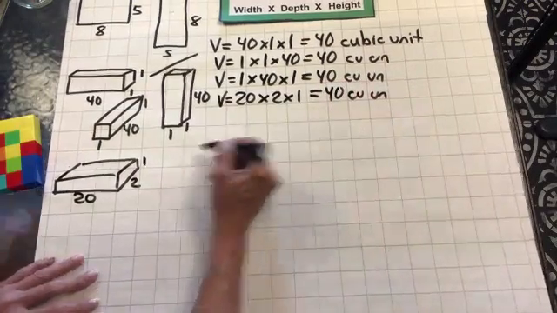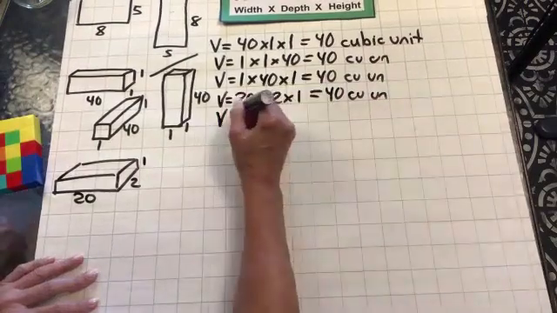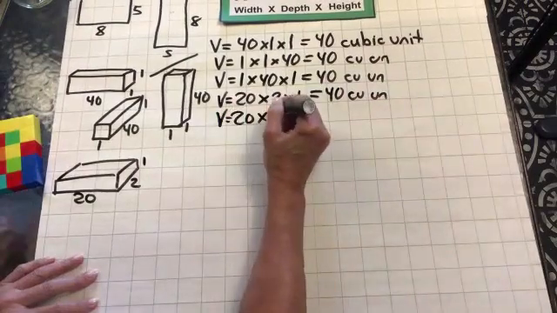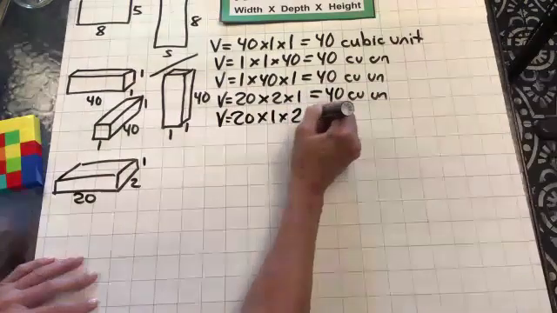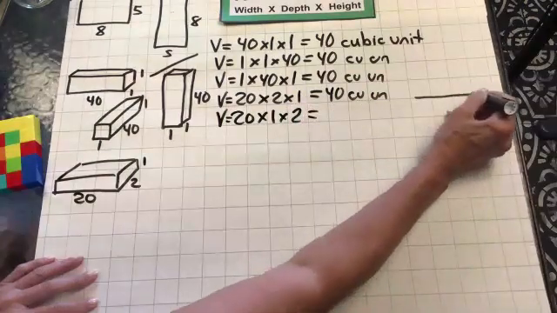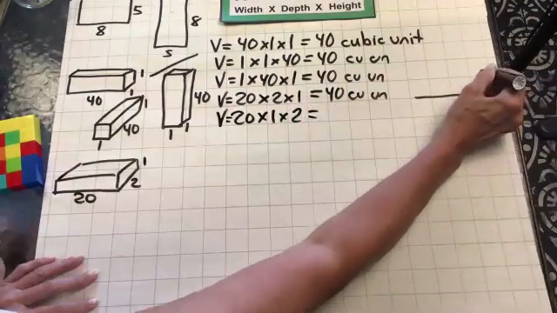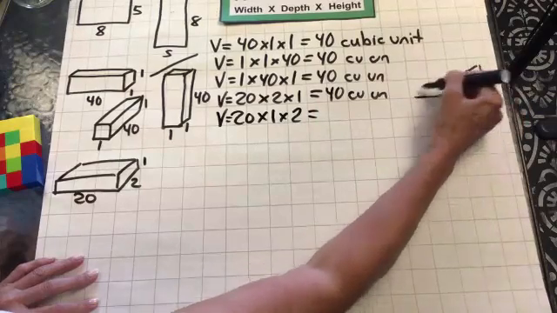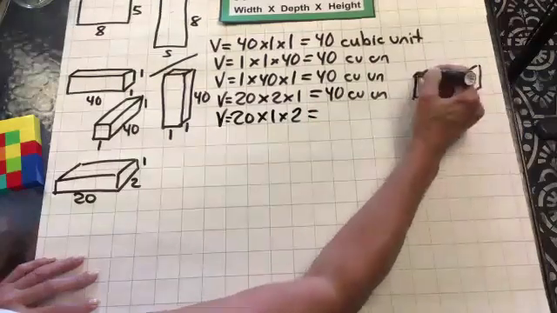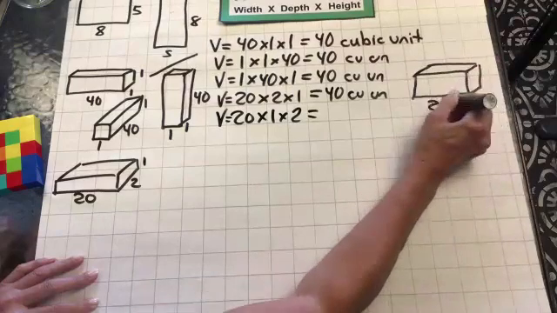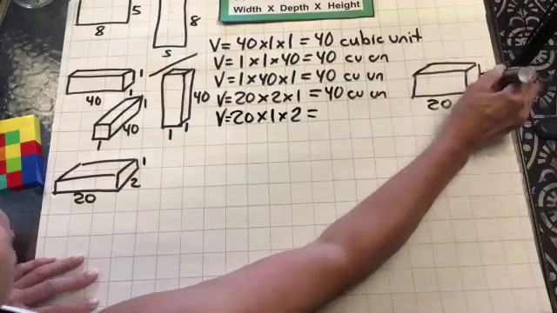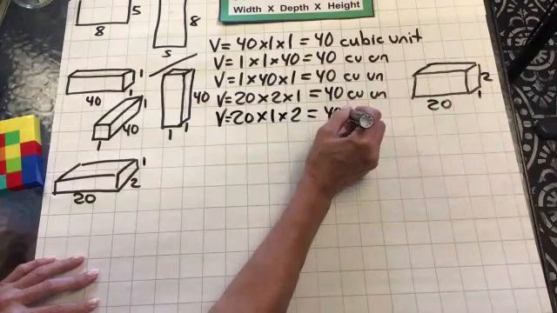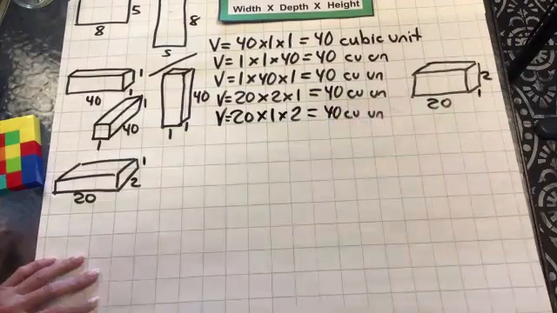All right. And let's go over here to do the next one, which will be a 20 by 1 by 2. So that would look like this, 20 by 1 by 2 tall. 20 by 1 by 2. Again, 40 cubic units.